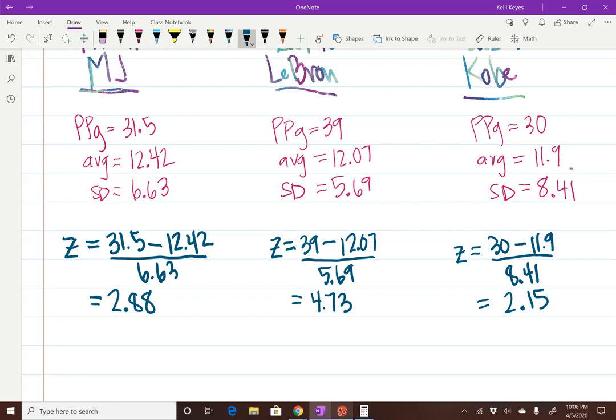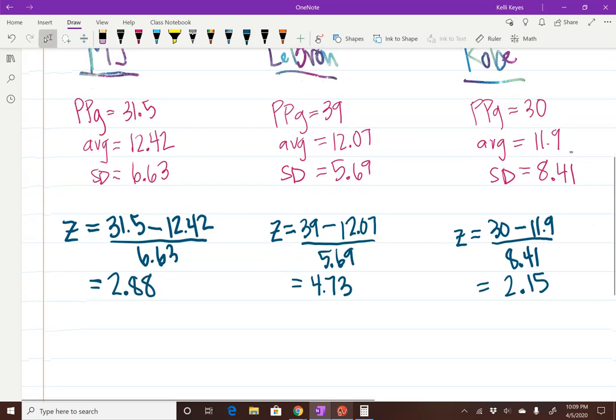I'm actually going to have you guys look at other stats like rebounds or field goal percentage, or whatever. I'll find some stuff. Anyway, based off of the average points per game, LeBron has the highest z-score.